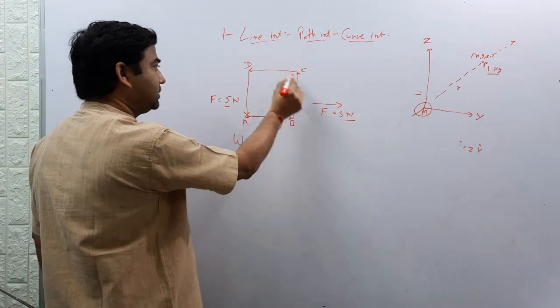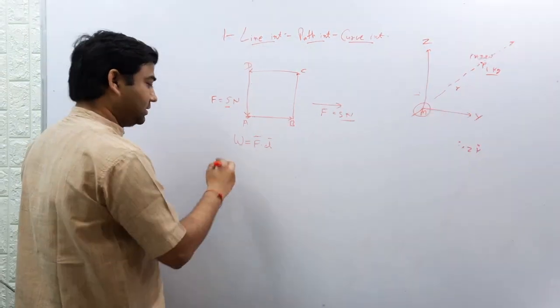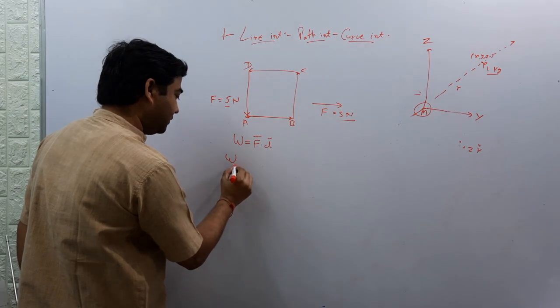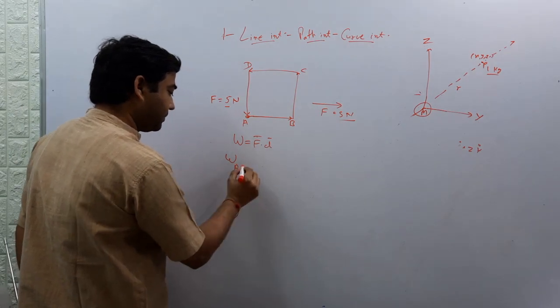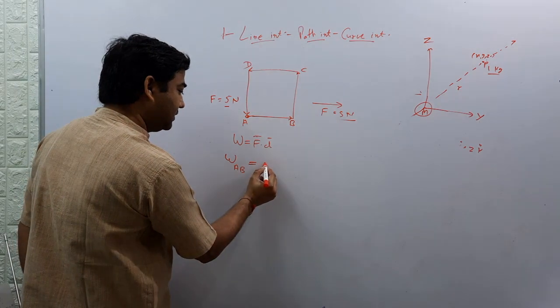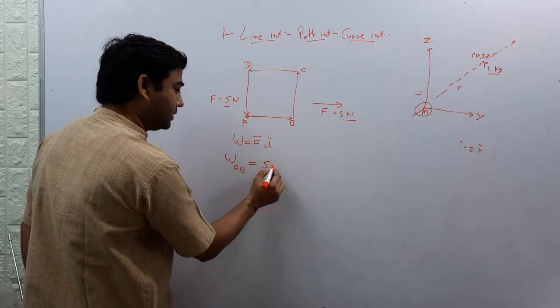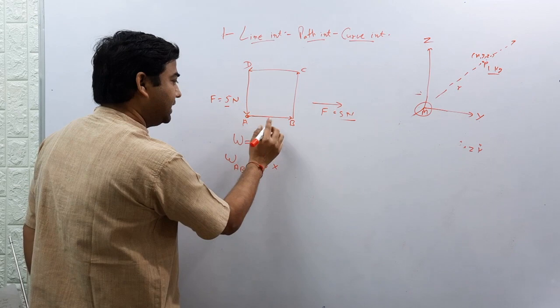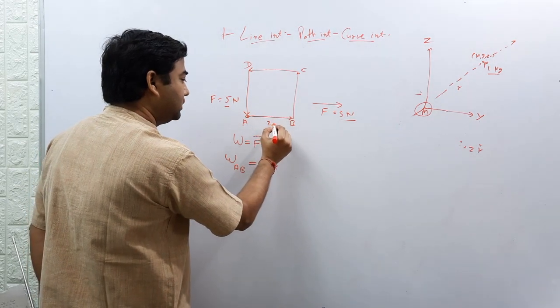When the particle moves along this path, work done from AB: when the particle moves from A to B, work done will be 5 into length. This is a square, length is 2 meter.